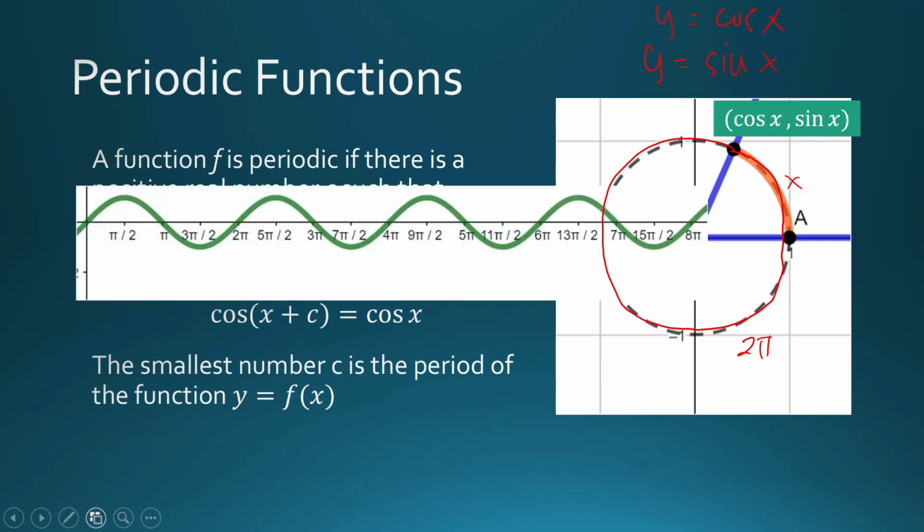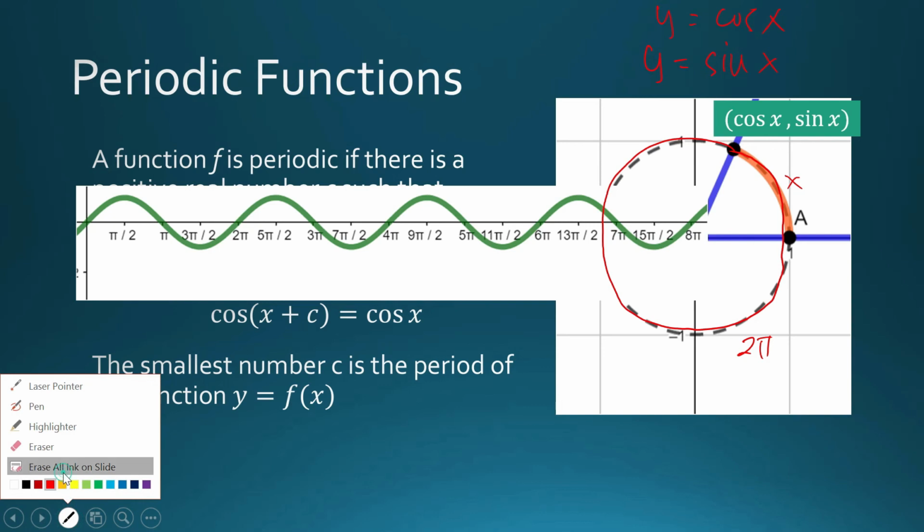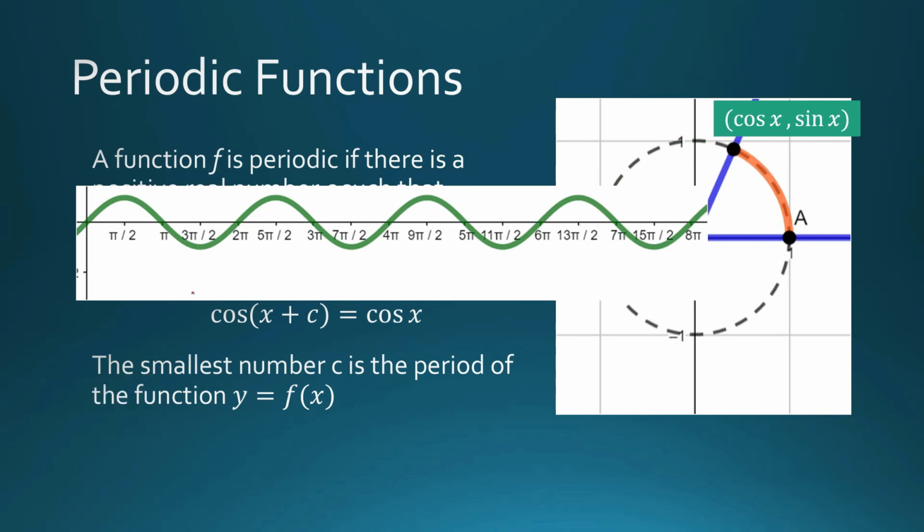Okay, so let us verify that from the graph of our sine and cosine functions. Let us trace one complete sine curve, starting from 0 to 2 pi. That is one sine curve. But look at this. After 2 pi, you are going to trace the same curve in the interval 2 pi to 4 pi.